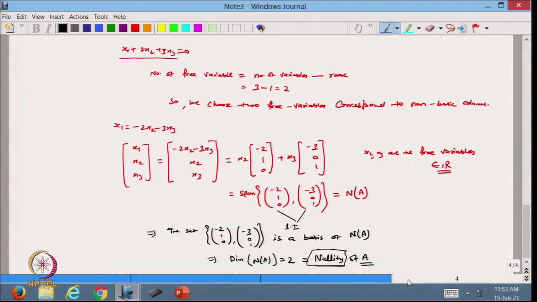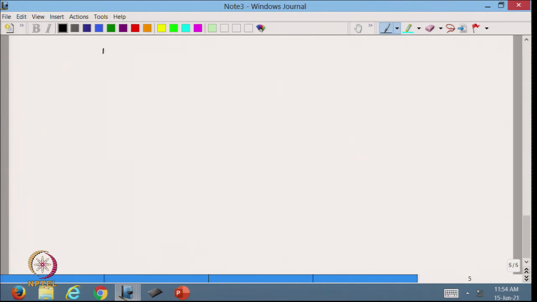Now, the next question is: we are able to find the nullity of A, so how can we find the null space of A transpose? We want to find the null space of A transpose. First I will define A transpose. So, A transpose will be 1 2 3 and 2 4 6, and it is 3 cross 2.